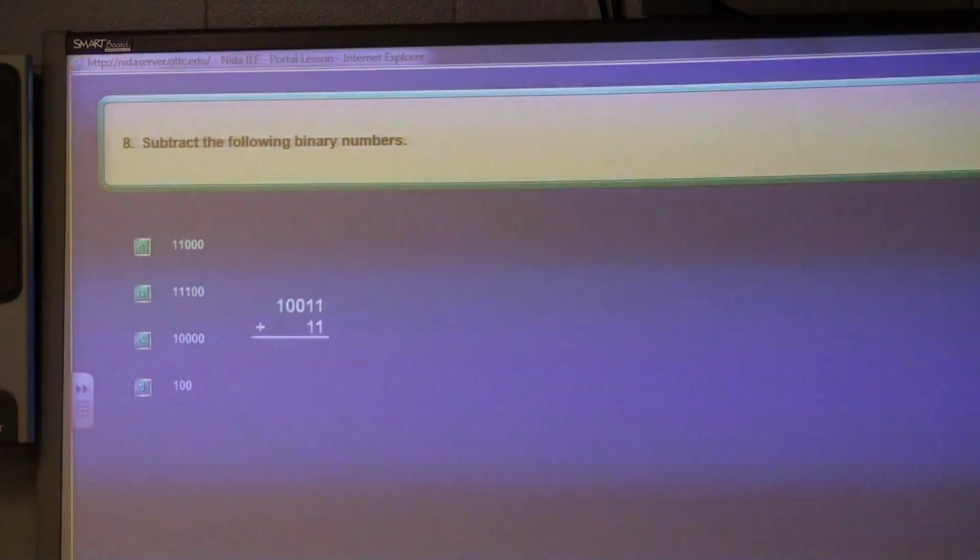All right. Choose your method to subtract the following binary numbers. I'm going to decimal. Y'all want to try one's complement? Feel free.